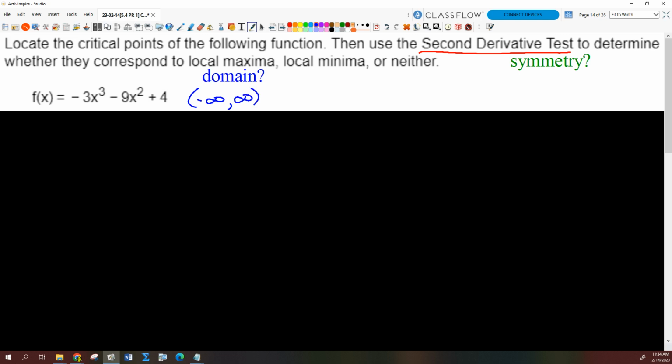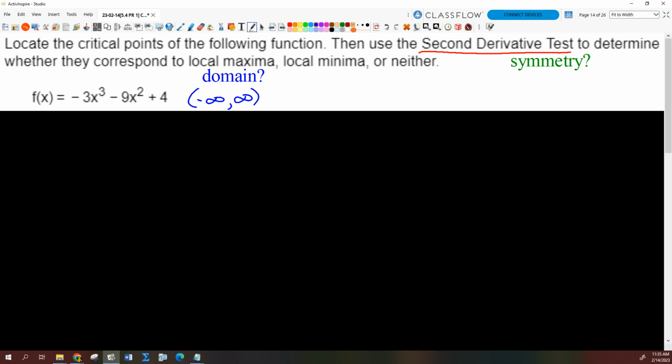What can you tell me about symmetry on this? Because we're going to start to try to be smart about symmetry too, and cut our workload down a little bit. Does this thing have even symmetry? I'm seeing some people shaking their heads. It doesn't.